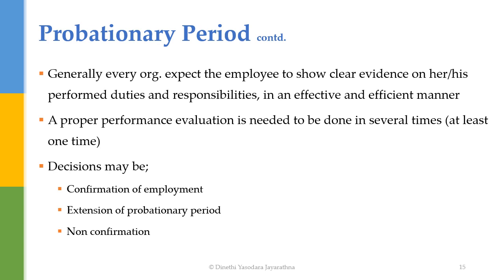So because of that, we are giving this employee a second chance, and we are extending the probationary period. Okay, extending the probationary period because that employee has performed, but not up to the expected extent. Even though it is not up to the expected level, the employee performed a bit well. Because of that, the company will extend the probationary period.